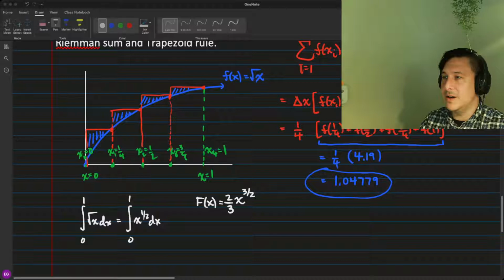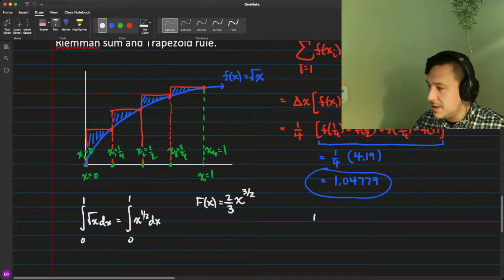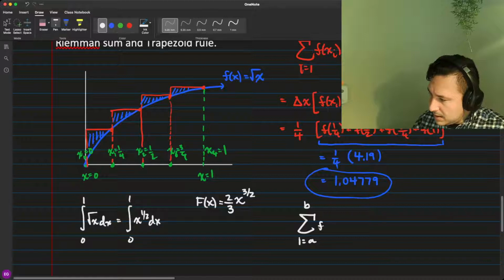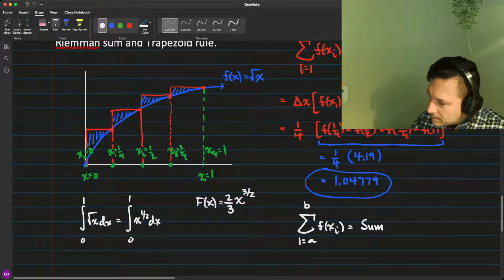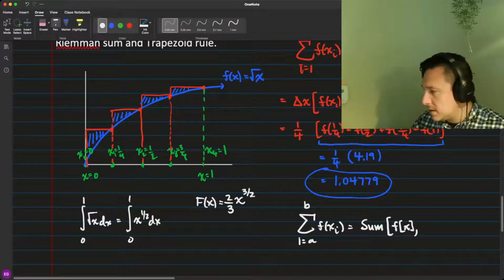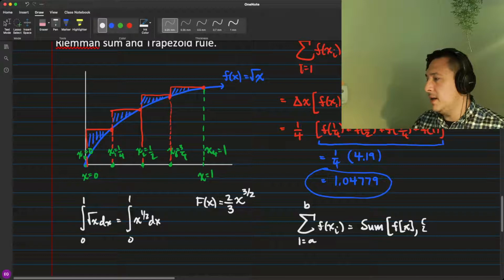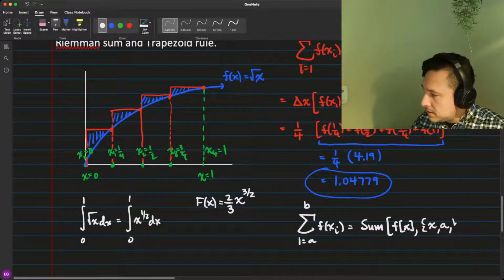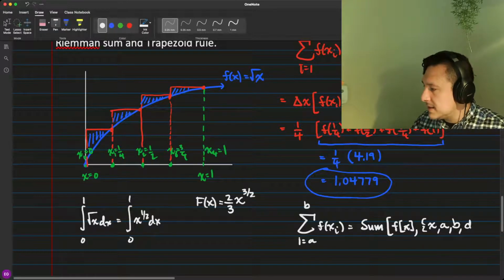The way it's supposed to work is that if you want the sum where i equals some number a of f of x_i, you write sum f of x, comma, curly bracket, x, the start value, the end value, and then the step value.